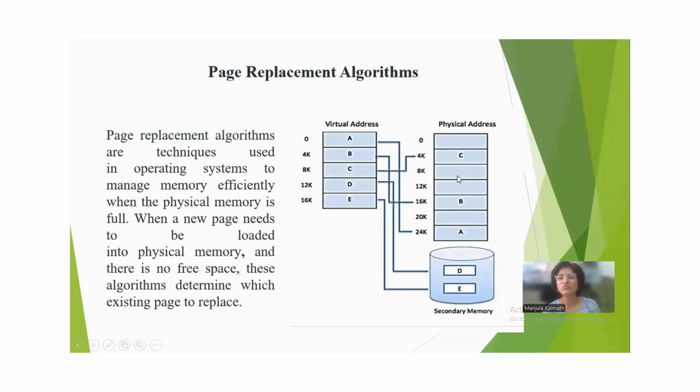Any one of the pages previously allocated in a frame must be swapped out to the hard disk, and from the hard disk, the required page is taken into the main memory. From there, it goes for the execution. This is called replacement of the pages. The page is replaced from main memory to the hard disk, and the required page is brought from the hard disk to main memory, and from there the execution continues.